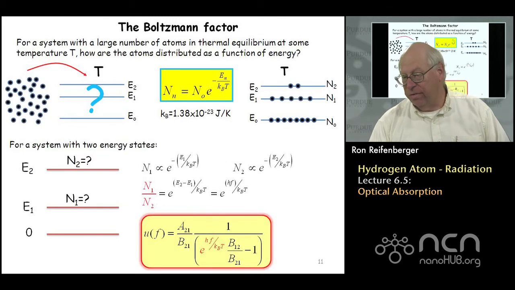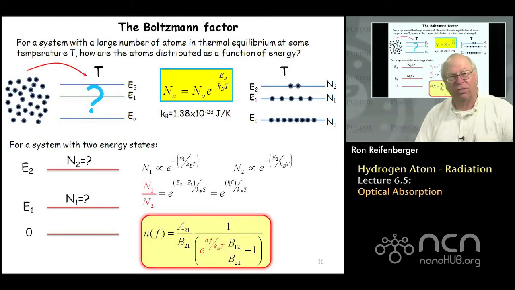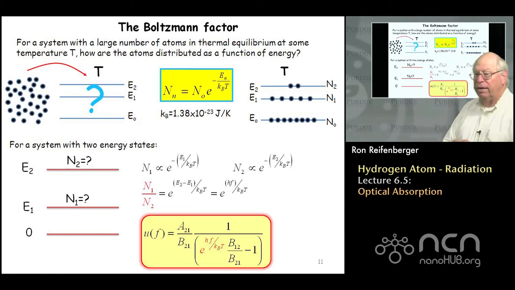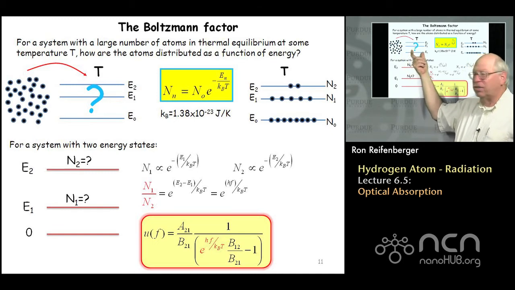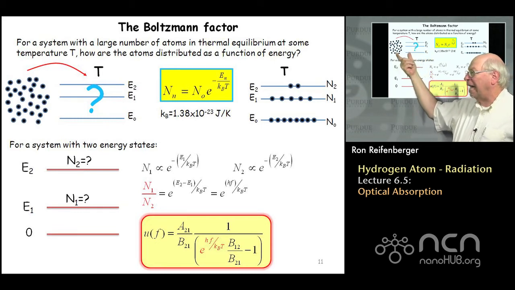Right now, I just make the statement that Boltzmann solved this problem. And the Boltzmann solution is simply, if you have a collection of atoms and you put them in a quantum system that has discrete energy levels and everything's in equilibrium at some temperature T, the question then becomes, how do these atoms distribute themselves in these discrete energy levels?